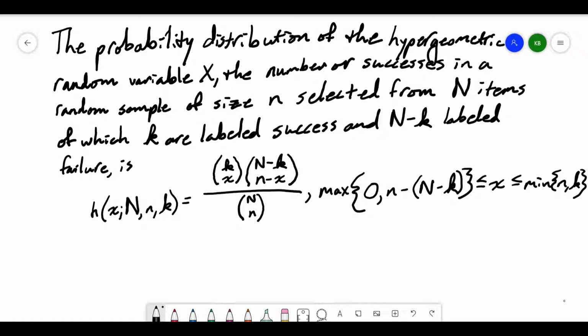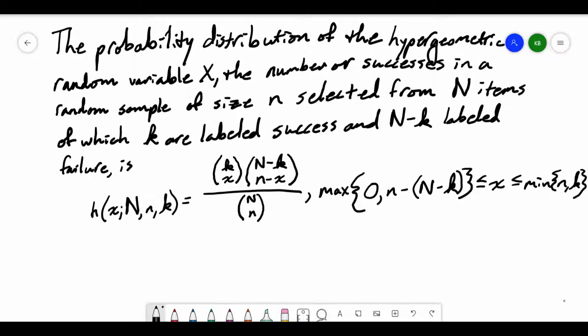When we're looking at the probability distribution of a hypergeometric random variable x, with the number of successes in a random sample of size n selected from N items, of which k are labeled successes and N minus k are labeled failures, x is the number of successes that we're looking for.